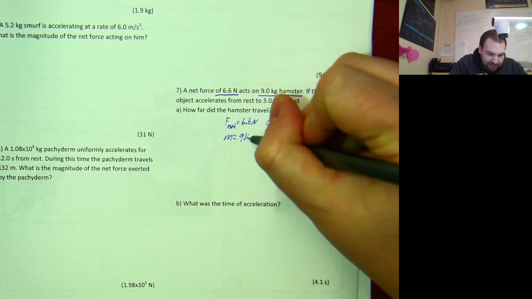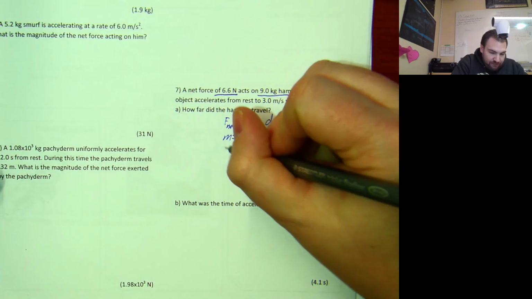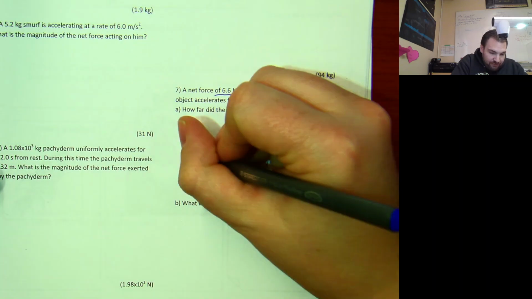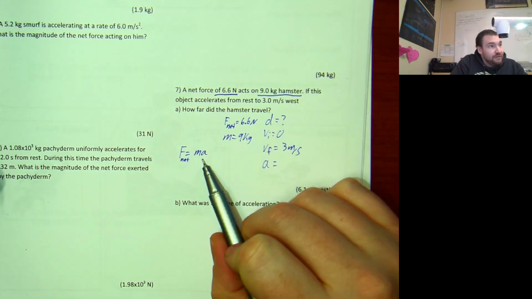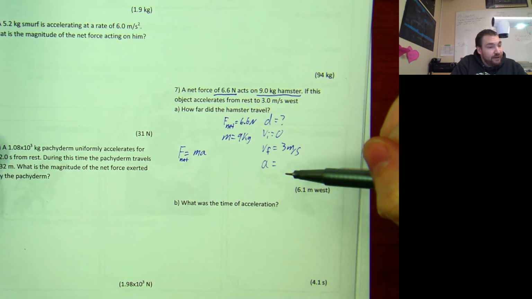So, using this information, that F net equals ma, we can find the acceleration, insert it into here, and then do our kinematic equation to find out the distance, and then the same thing down here for the time.